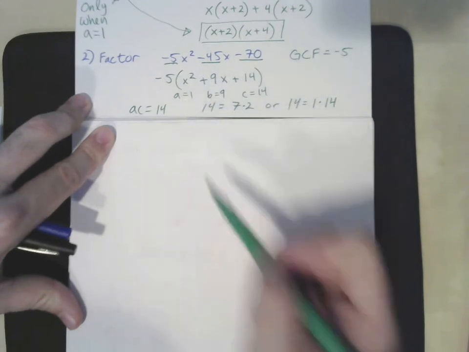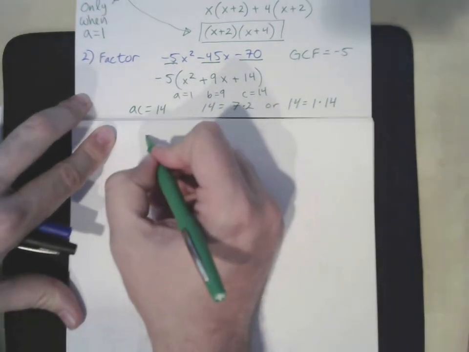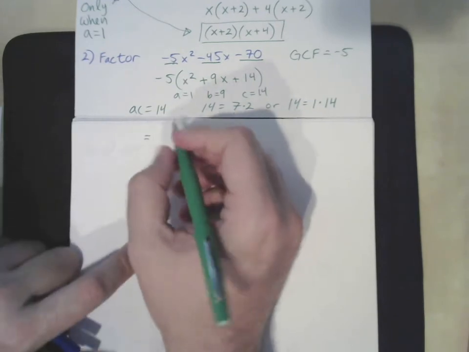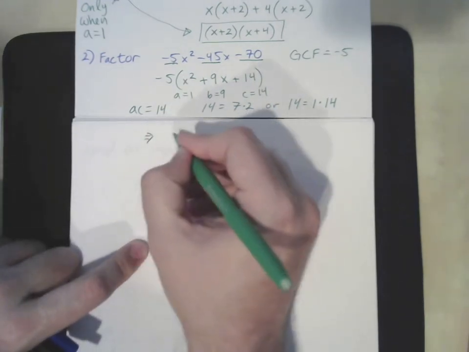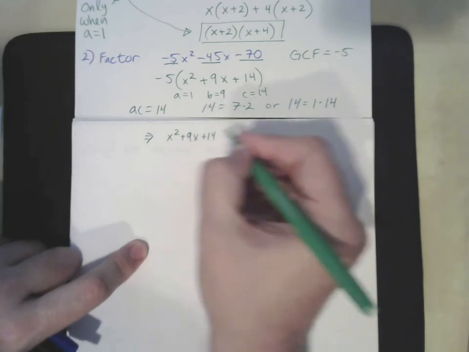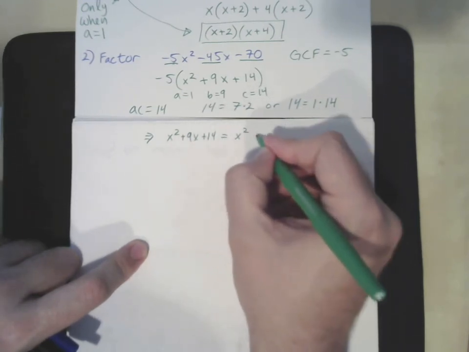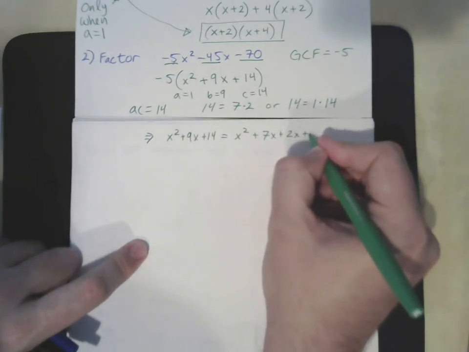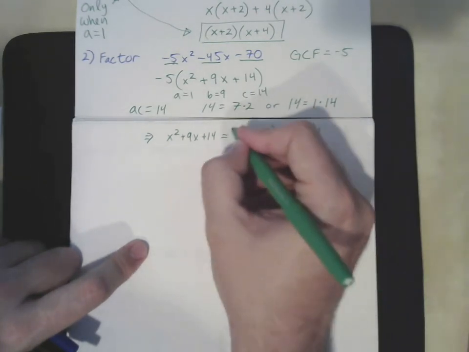Now, since we have our a equal to 1, we can use the shortcut here. Remember that what we're really doing is taking the x squared plus 9x plus 14 and splitting that into x squared plus 7x plus 2x plus 14. And then we factor by grouping.